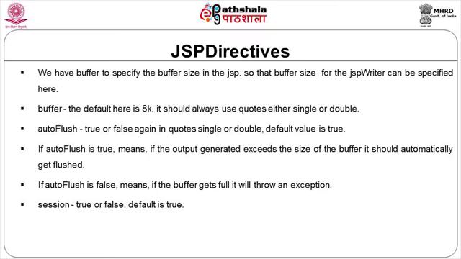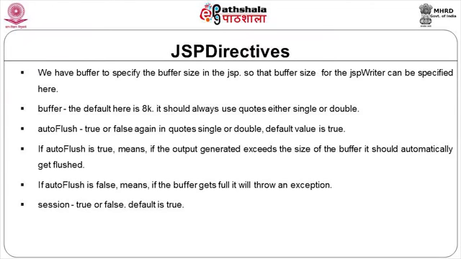Recollect, we have some buffer being used. JSP uses a buffer, the JSP writer. We use our out, that implicit object called out, which is nothing but a JSP writer. What should be the buffer size of that JSP writer?